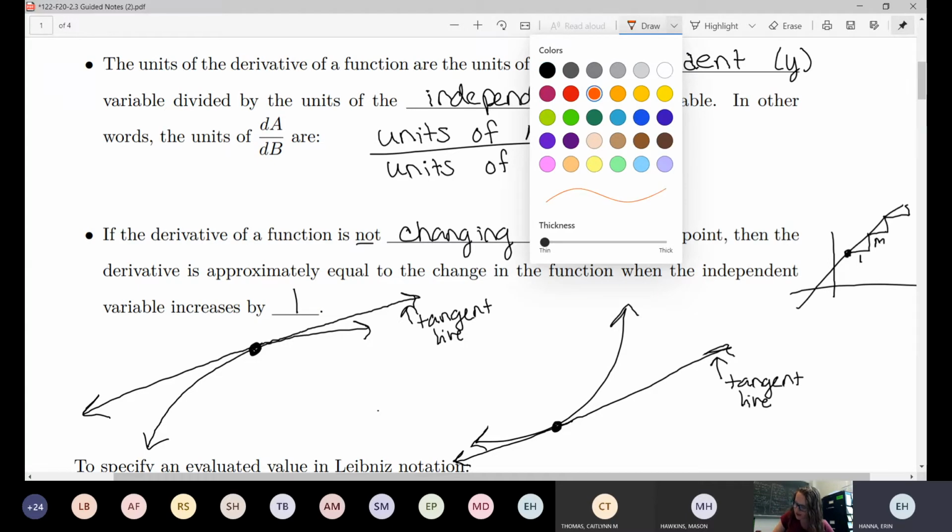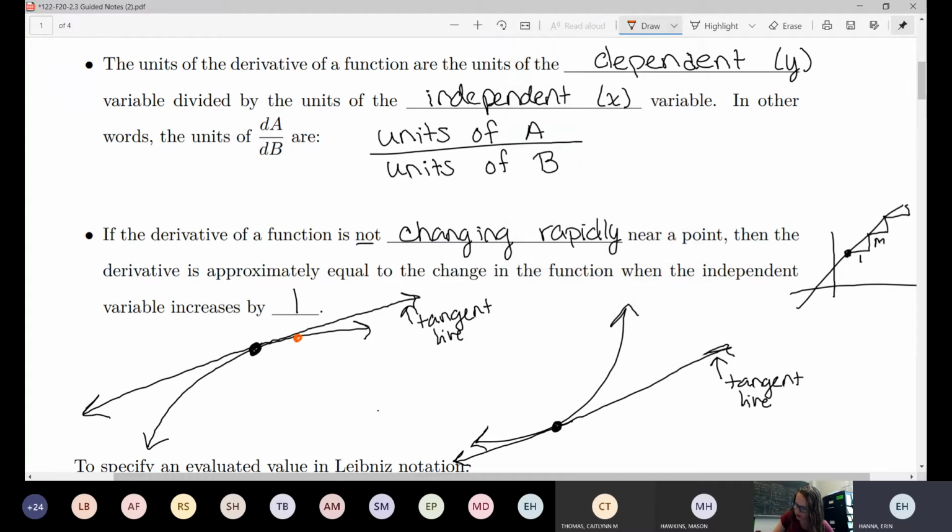Now, say I take a point next to the point that I drew the tangent line at. For this one, that point is very close to the tangent line. And even if I go in the other direction, there's a tiny bit of a gap, but it's still very close to that tangent line.